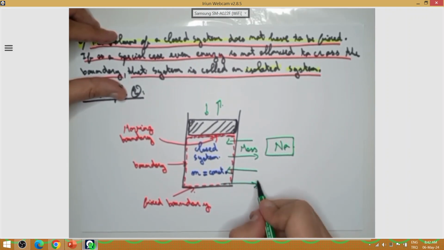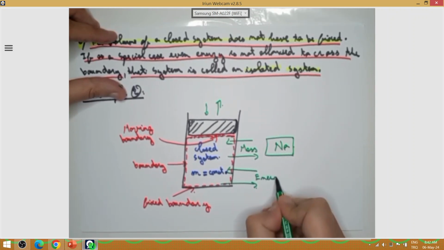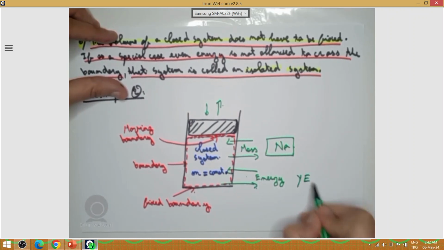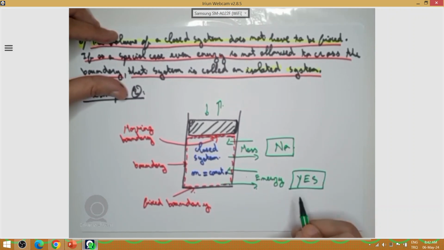So if we are speaking about energy, it is possible for energy to go in and out, even if our system is closed. When we speak about a closed system, only mass cannot flow in or out, but energy can. So this is the main characteristic of a closed system: mass cannot go in or out, but the flow of energy is possible.